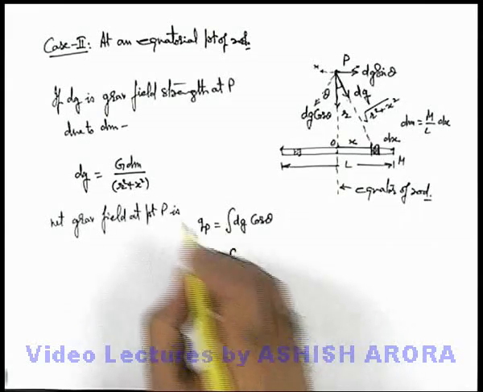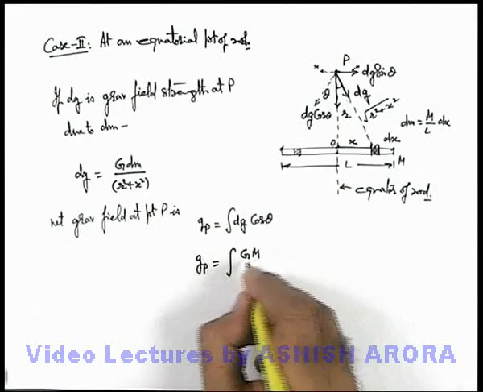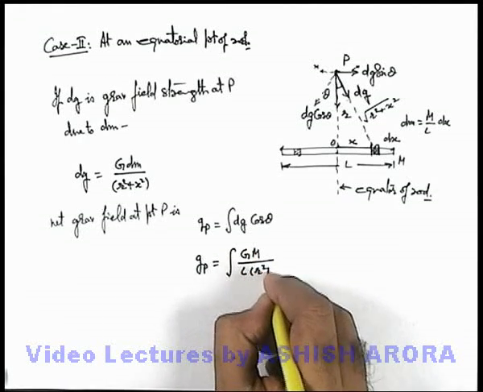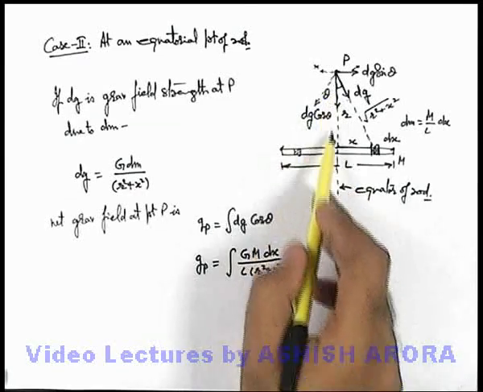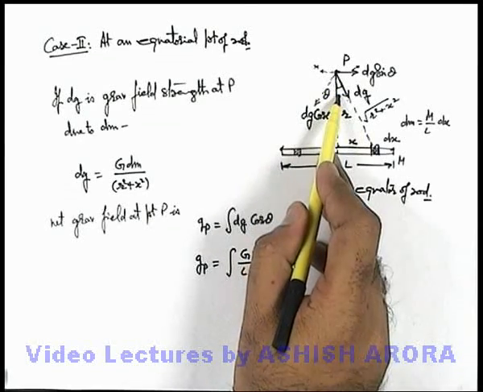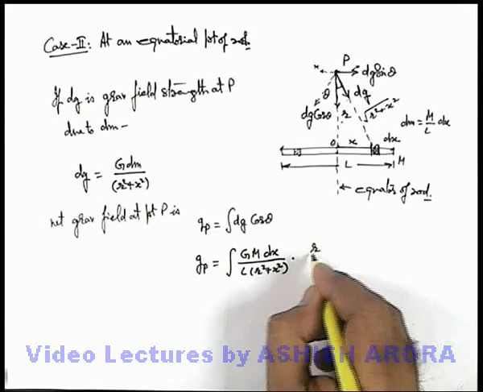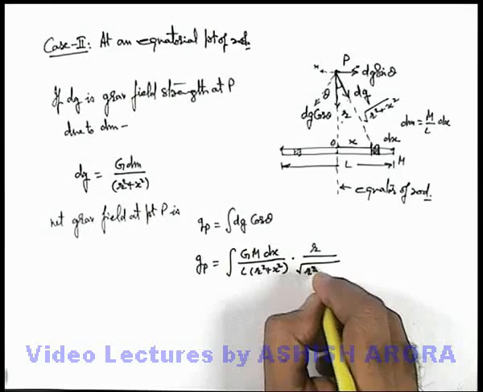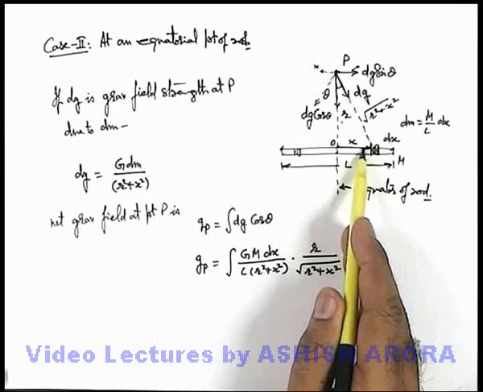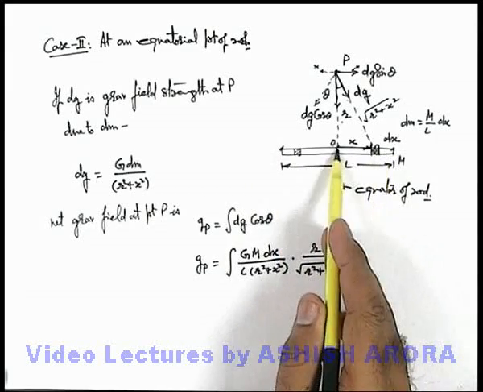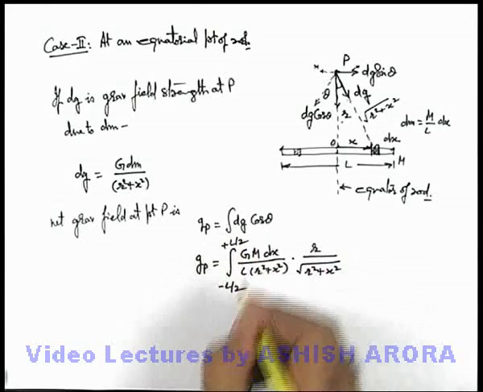So if we substitute the values, the value of Gp we are getting is the integration of dg. If we write dg as G dm, we can write it as G m by L, divided by r square plus x square, into dx, multiplied by, in this triangle, the value of cos theta as r by root of r square plus x square. And x will be integrated from the left end to the right end of the rod, so the limits of integration will be minus L by 2 to plus L by 2.